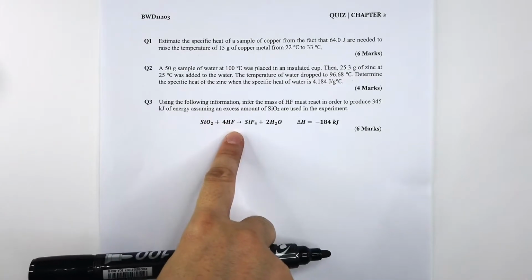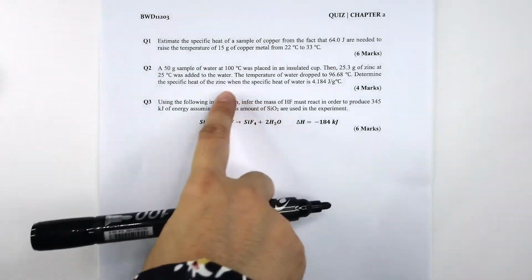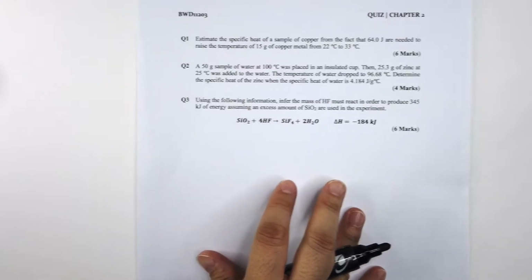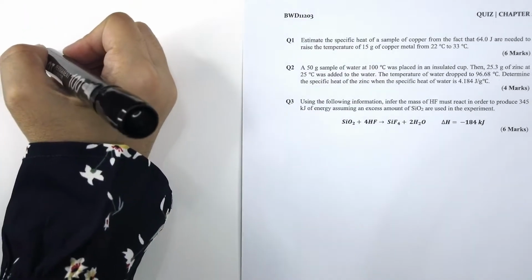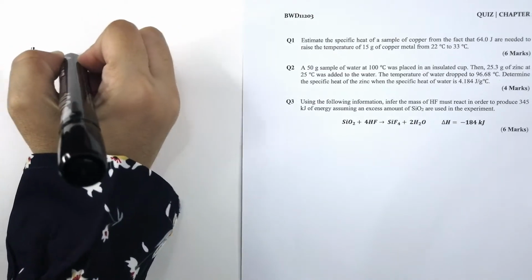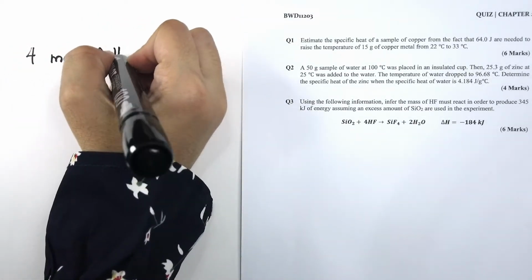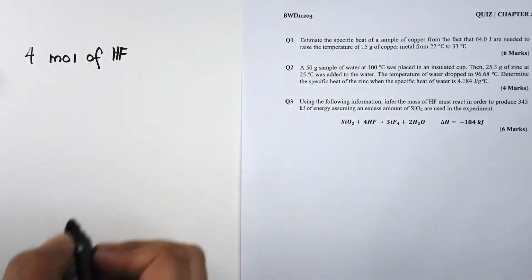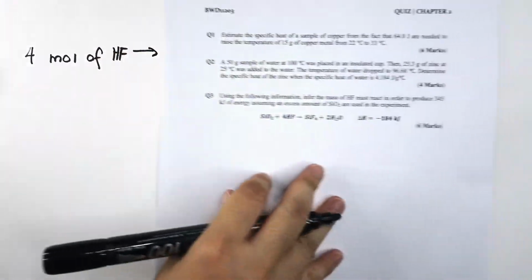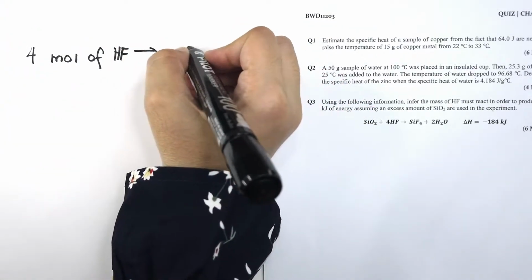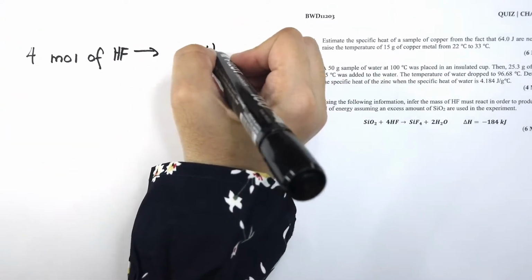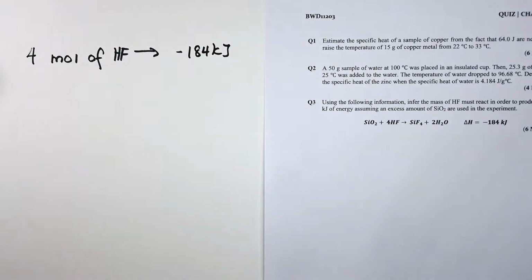So from here we are going to use this ratio, which means that 4 mole of HF will need negative 184 kilojoule to produce the product.